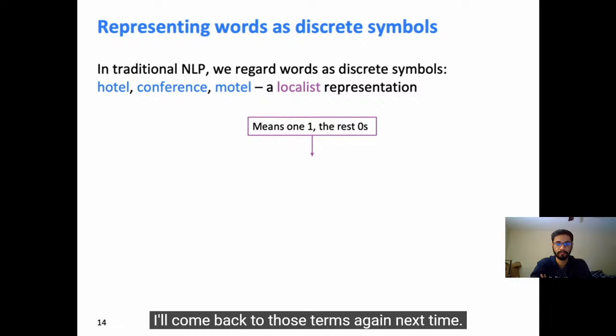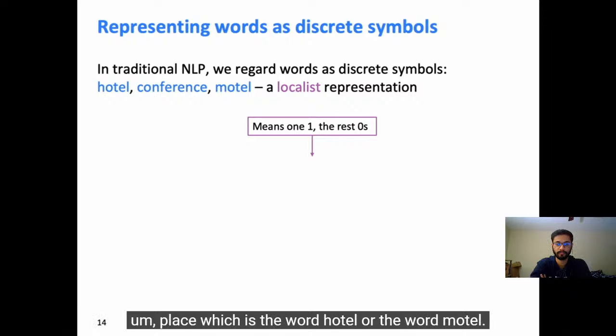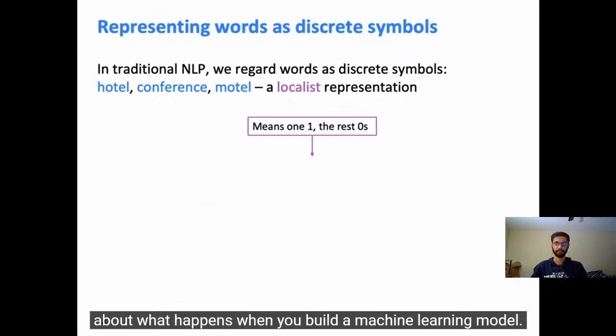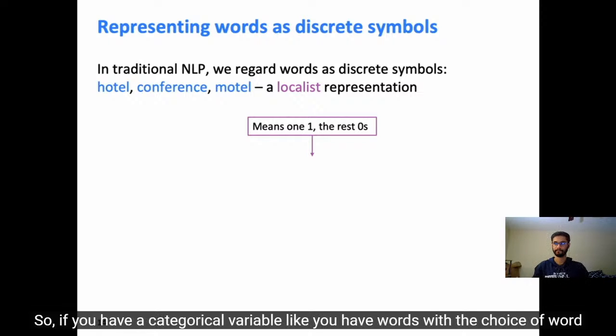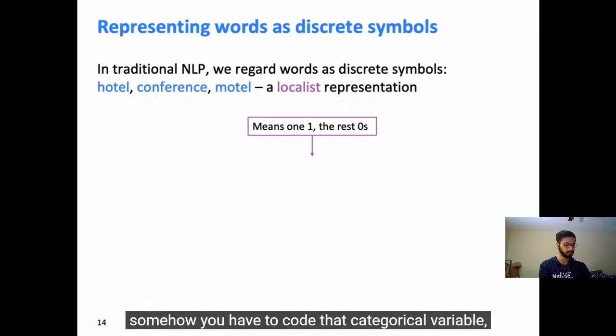I'll come back to those terms again next time, but that means that for any concept, there's one particular place, which is the word hotel or the word motel. A way of thinking about that is to think about what happens when you build a machine learning model. If you have a categorical variable, like a choice of word, and you want to stick that into some kind of classifier in a machine learning model, somehow you have to code that categorical variable.